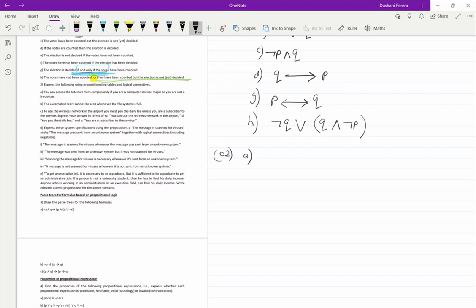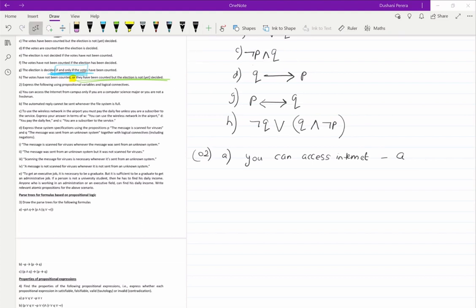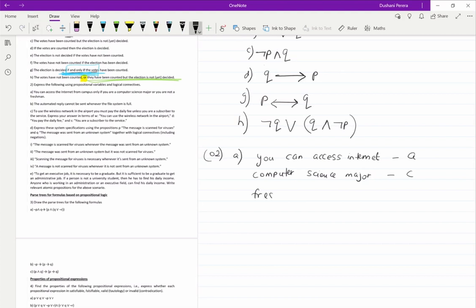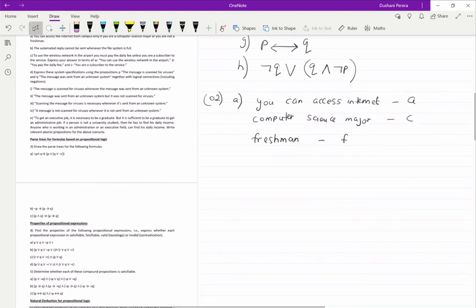So let's say your propositions are: you can access internet is A. If you are a computer science major, let's say that is C, proposition C. And then if you're a freshman, let's name it F.